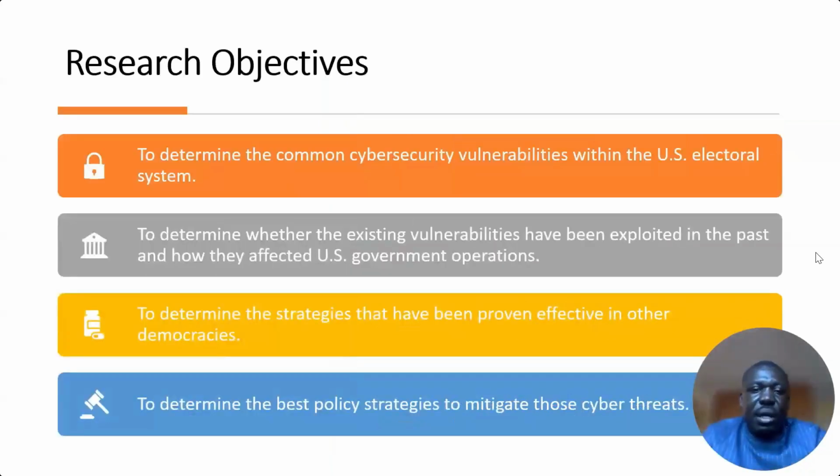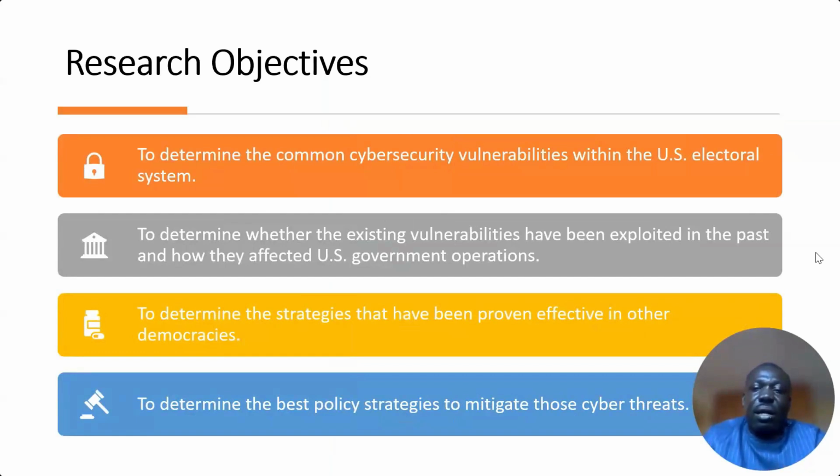With the research objectives, I focused on four key objectives to safeguard our electoral systems against advanced cyber threats. Firstly, I systematically identified and fortified the vulnerabilities in our electoral infrastructure, including the voter database and voting system.